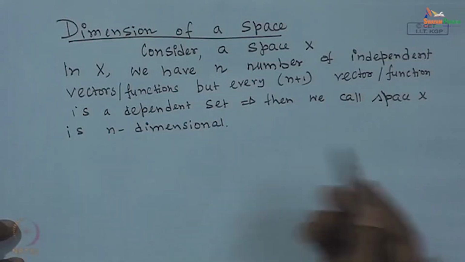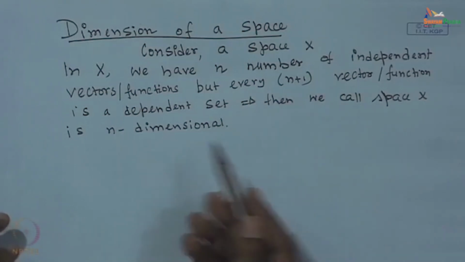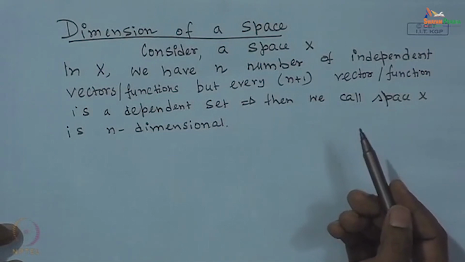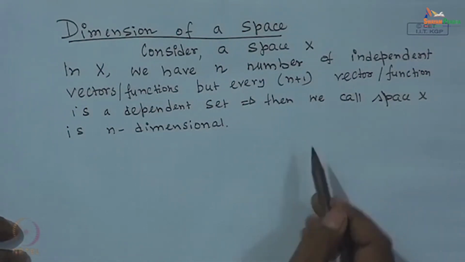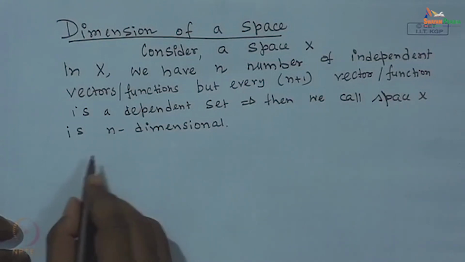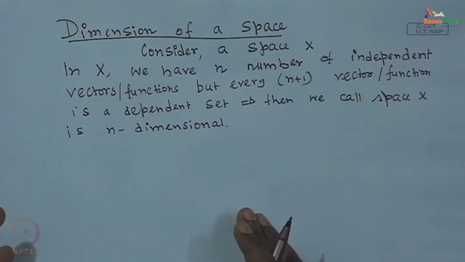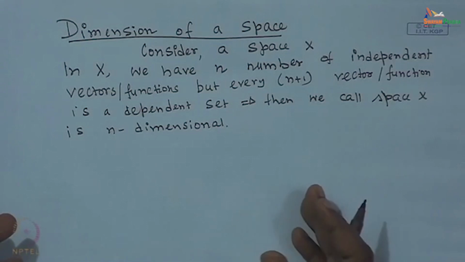The n plus 1th vector, the fourth vector for a 3-dimensional space, can be expressed as a linear combination of the 3 independent vectors. If we have a 10 dimensional space, then the 11th vector will be basically a linear combination of the 10 independent vectors.